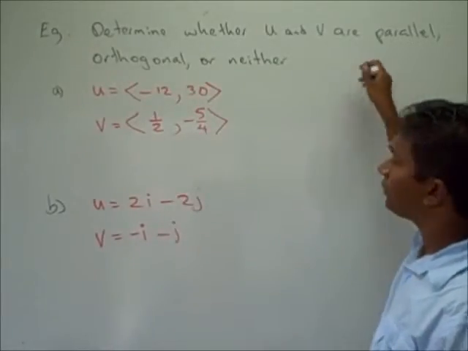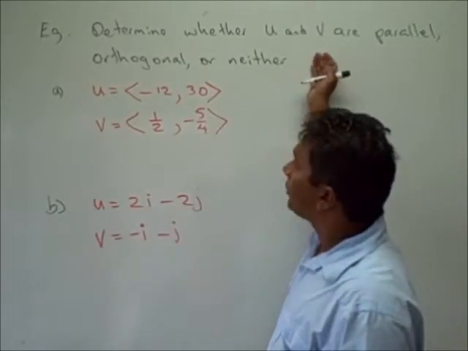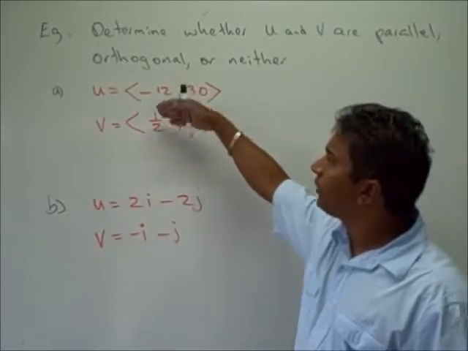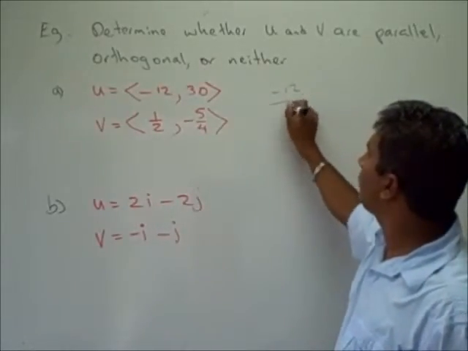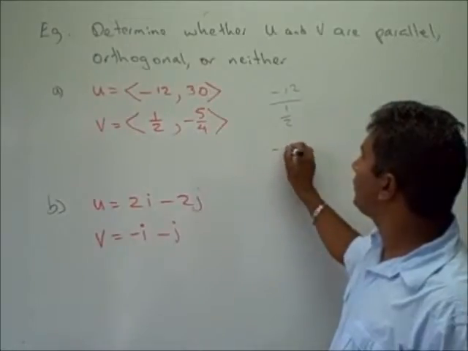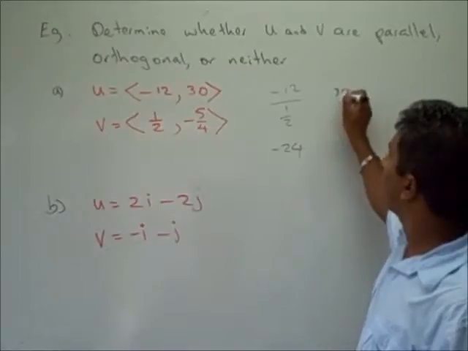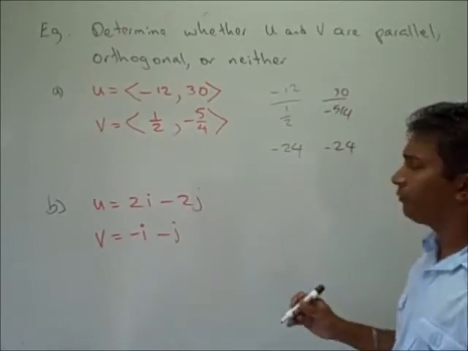To determine first of all if they're parallel, we said parallel vectors are a scalar multiple of each other, so we can divide the components. If we divide negative 12 by 1/2, this becomes negative 24. And if we divide 30 by negative 5/4, this also gives us negative 24.